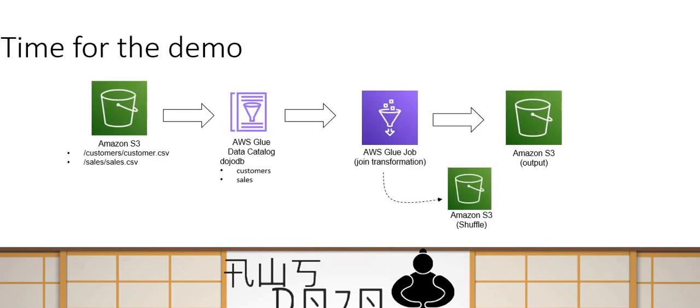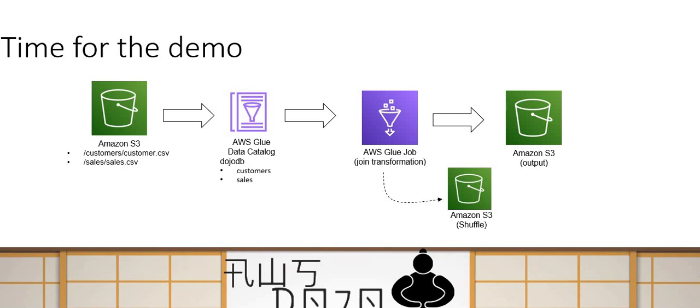Time for a demo. It's a pretty straightforward demo. I have got two data sets in an S3 bucket, customers.csv and sales.csv. I have cataloged them into a DB in Glue, customers and sales. Then I'm going to use a Glue job to do a join between these two data sets. They have customer ID as a common column, so I'm going to run the join operation.